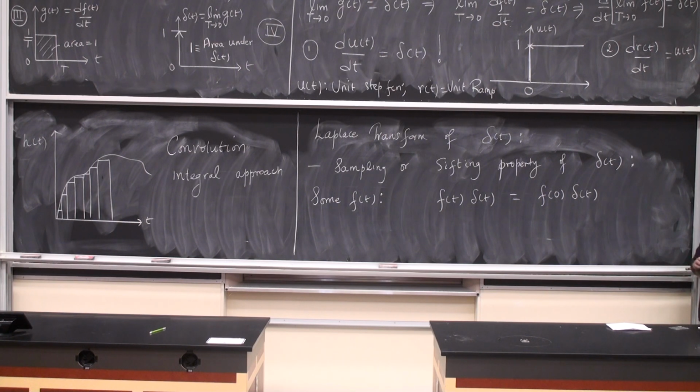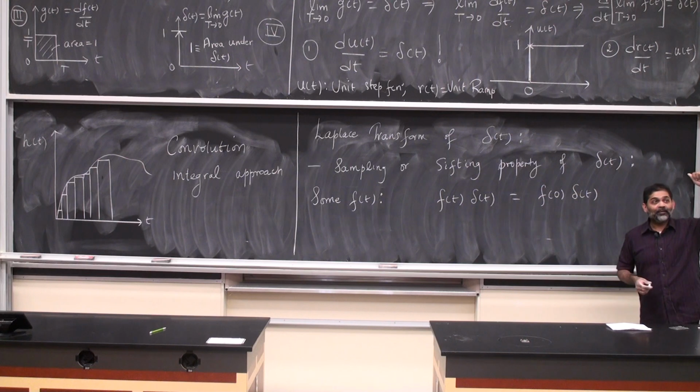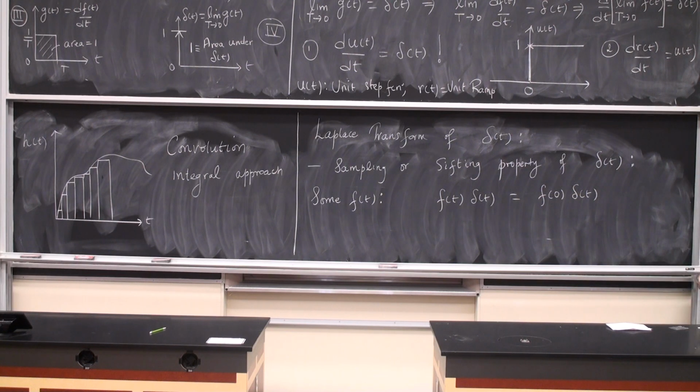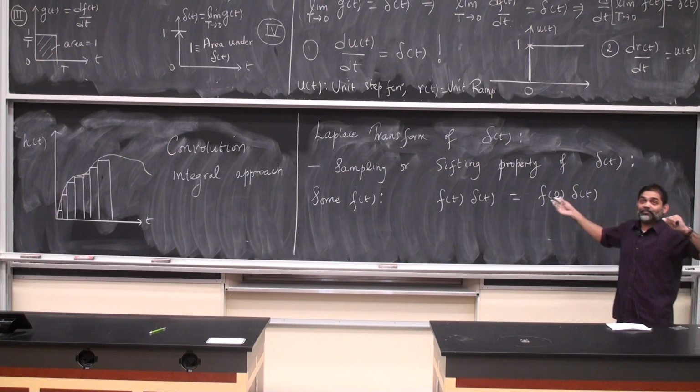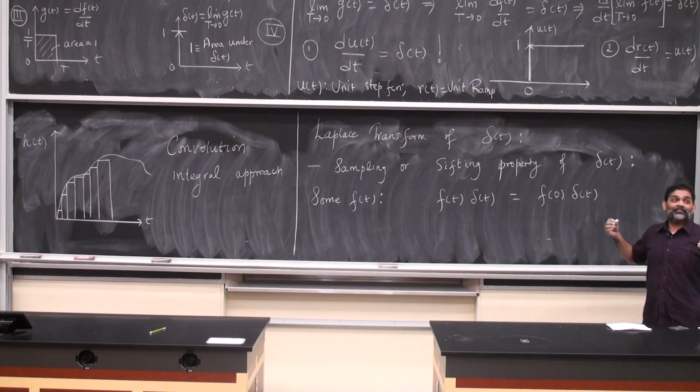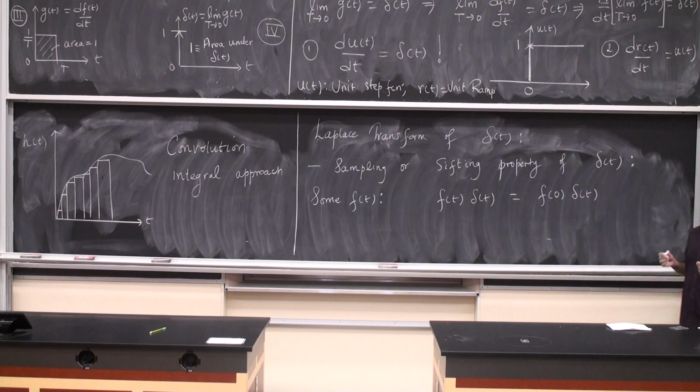Does this make sense? Why does it make sense, if at all it does? Delta of t, fantastic, has only a value at 0. So at any other time t, greater than or less than 0, the entire thing is 0. So this is perfectly fine to write.